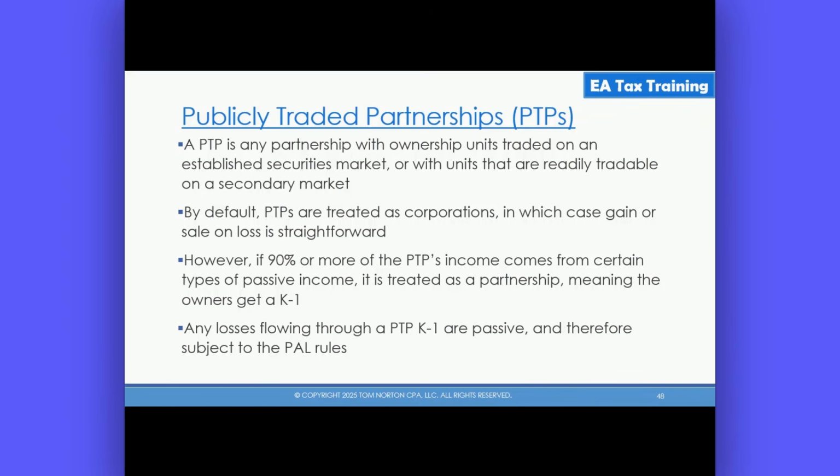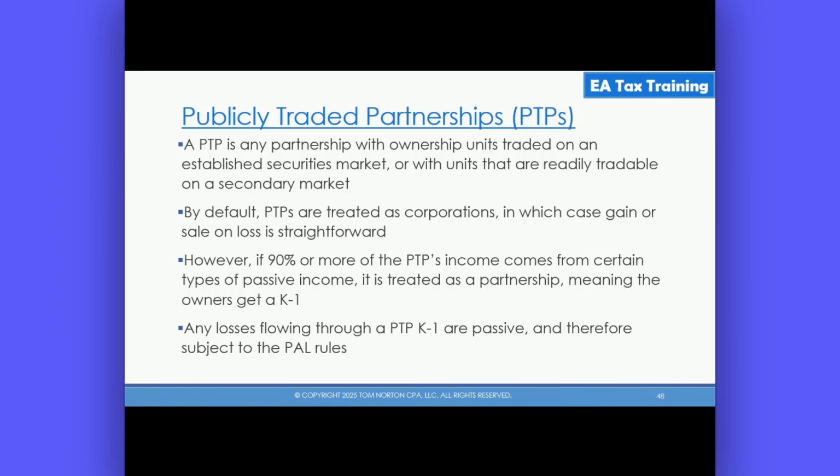And so since you're buying and selling it just like you would a stock, and since it's treated as a corporation, then the gain or loss is very straightforward. It's just like the gain or loss on a sale of a stock. You have your basis, you have your sales price, whatever the difference is, that is your gain or loss. However, it is not actually a corporation. It is actually legally a partnership.